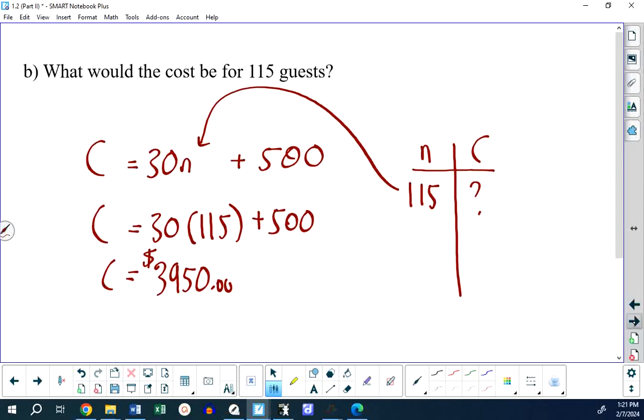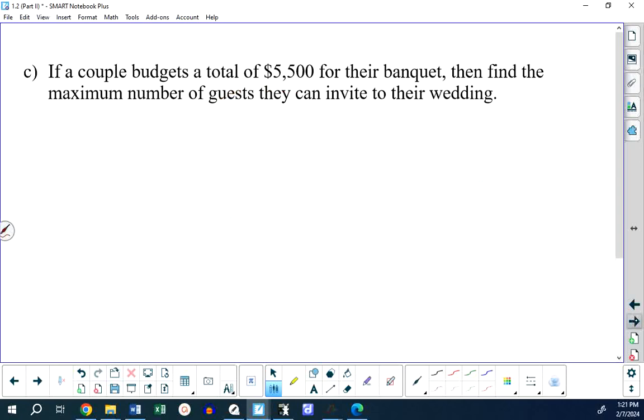Now take a look at C. If they had this much money, 5,500, and they said, you know what, between you and I, let's agree to spend this much money, no more. How many guests could they invite? So this time we have this formula.